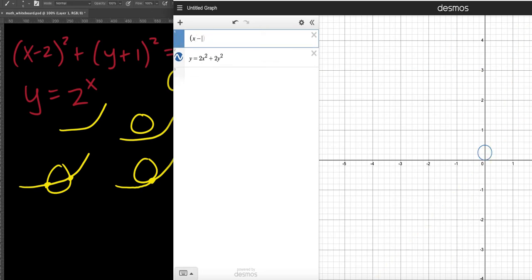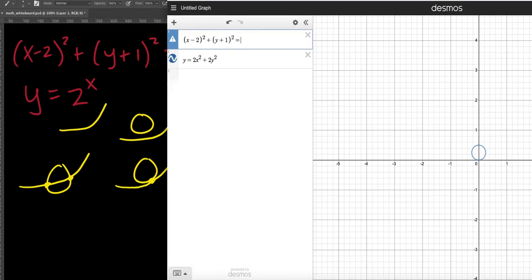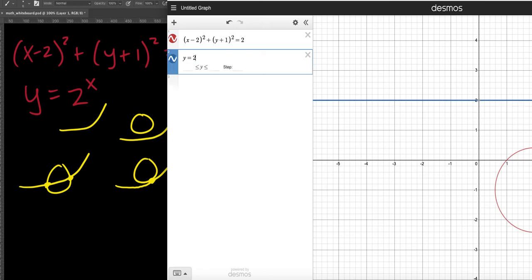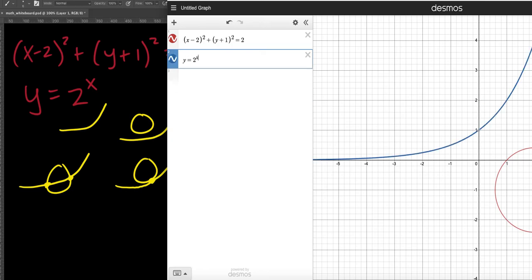So we get x minus 2 squared plus y plus 1 squared equals 2. Okay, so we have a circle over there. Get rid of the small circle, and then we have y equals 2 raised to the x.